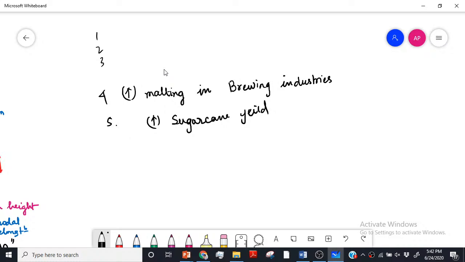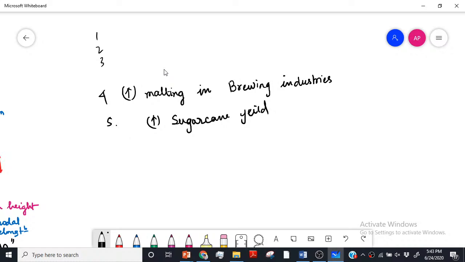Now if internodal growth is increased in stem elongation, then the sugarcane part, the internodal part that we eat, will increase, so sugarcane yield will get increased. So basically this was the idea of gibberellin.